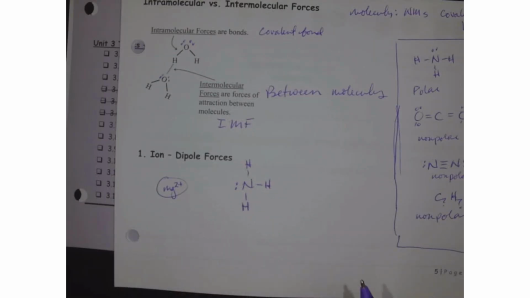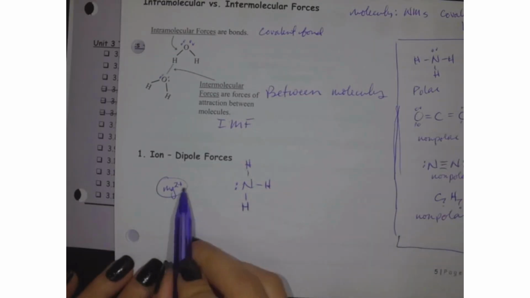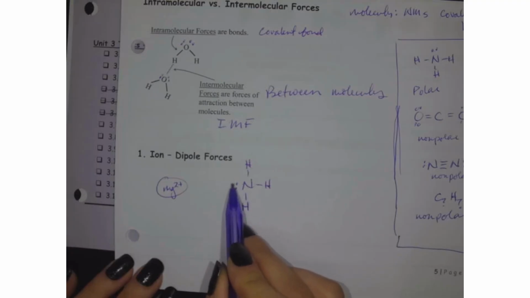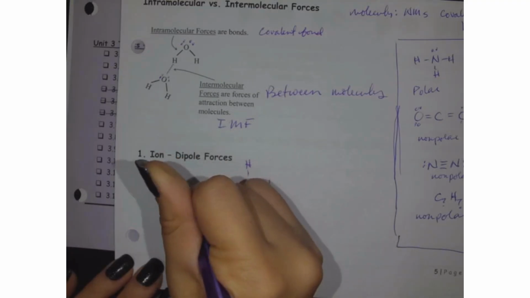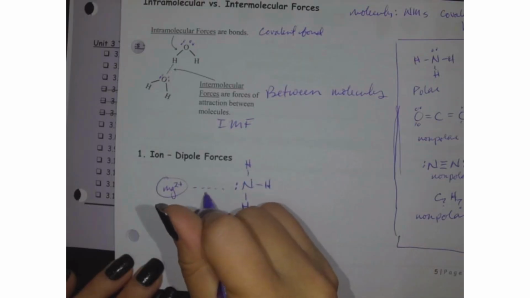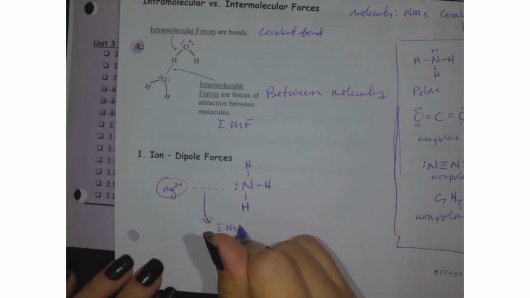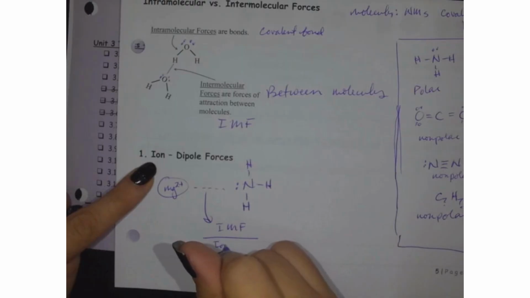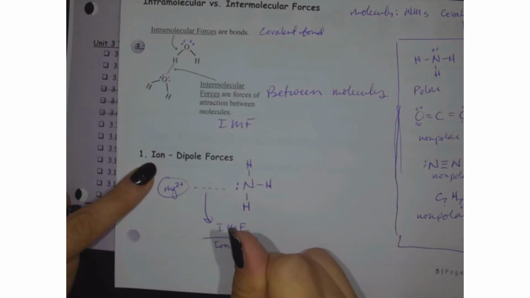So there's going to be an attraction between these. Here's my positive ion, and it's going to be attracted to this negative end of the molecule. This attraction between the molecule and the ion is a type of IMF, and the type of IMF is an ion-dipole.